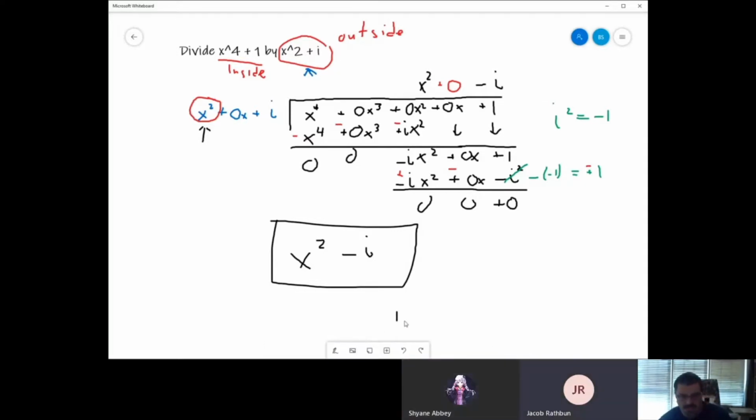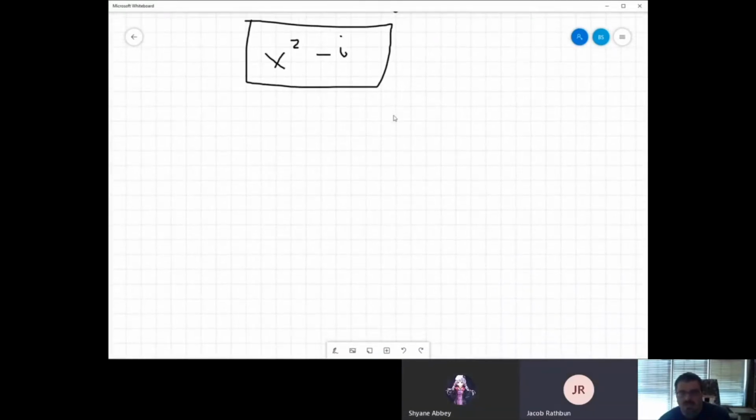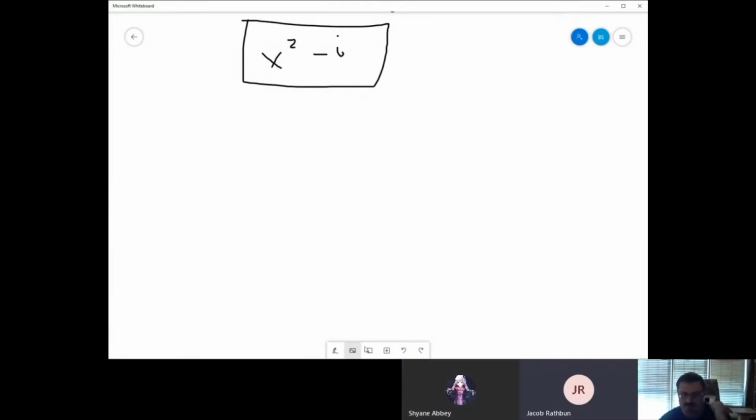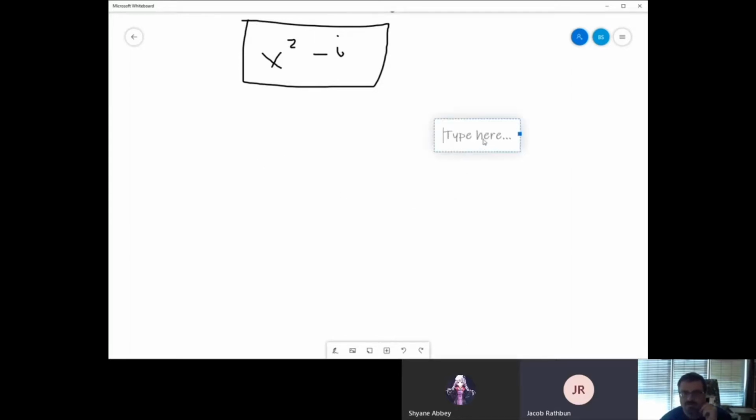The only time I had struggles with synthetic division was when it incorporated something like 2x plus i as a divisor.